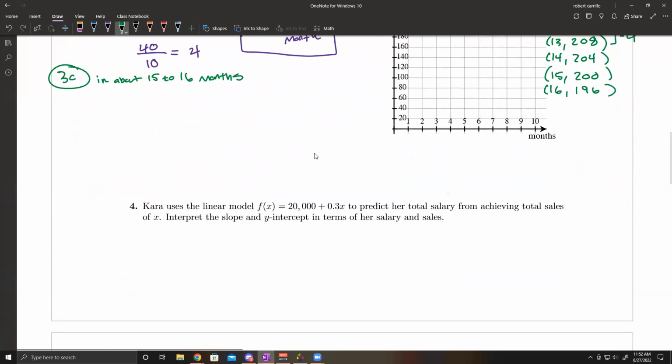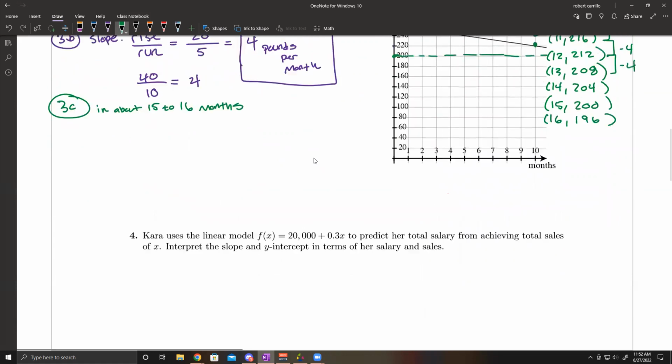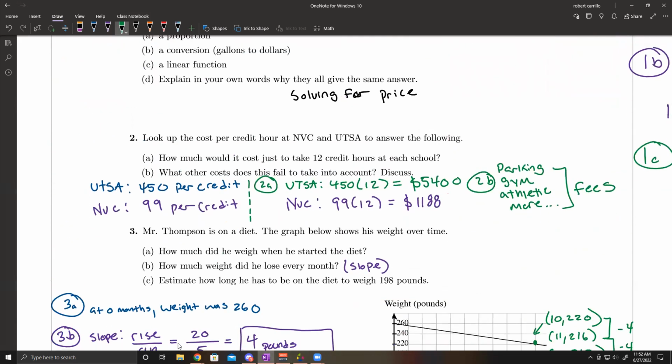Okay. Number 4. Kara uses the linear model f of x equals 20,000 plus 0.3x to predict her total salary from achieving total sales of x. Interpret the slope and the y-intercept in terms of her salary and sales. Okay, so this goes back to the function notation I provided above.